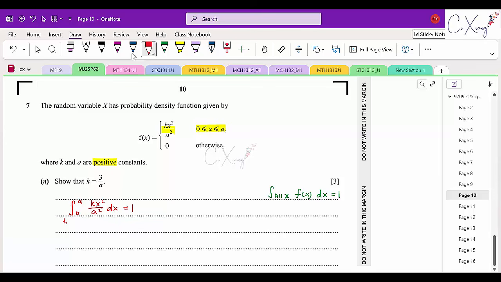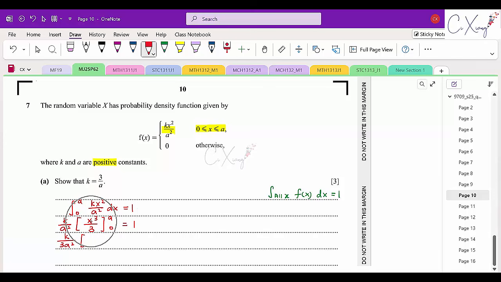Personally, I always prefer to take out all the constants when I apply any integration, because I feel that it is easier, and when I simplify my equation, it looks simpler. Integrate x squared, you have x to the power 3 divided by 3. Then I have the limits a and 0, and I let it equal 1. K over a squared, and I take out the 1 over 3 from the integration.